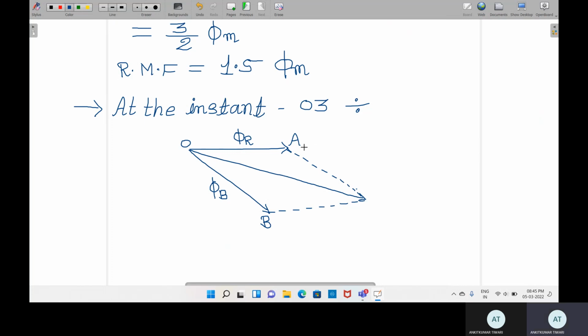So this is the OA vector, this is the OB vector, and this is the OC vector, which is the resultant of OA and OB.